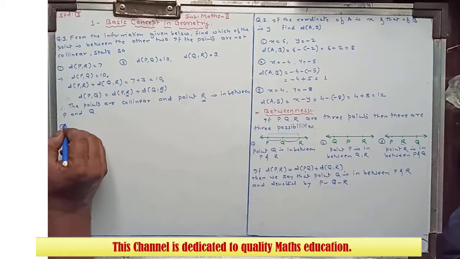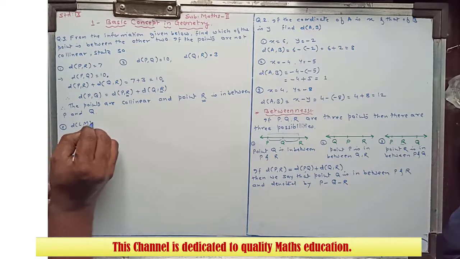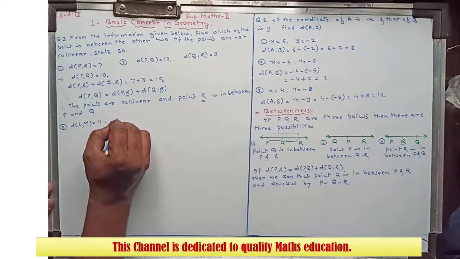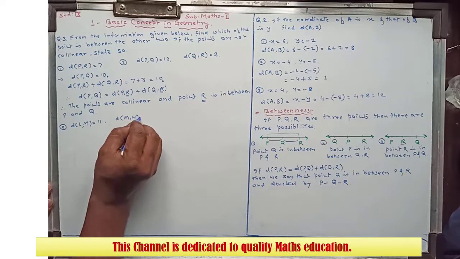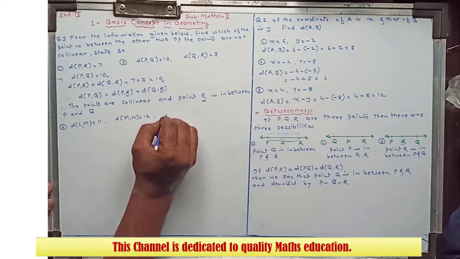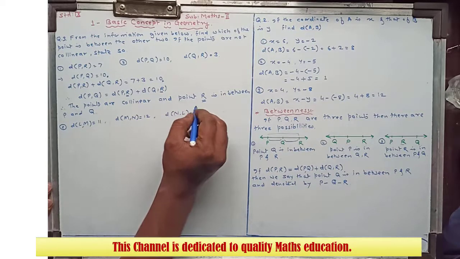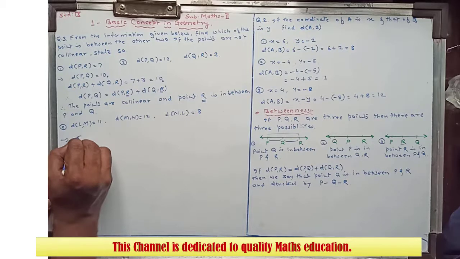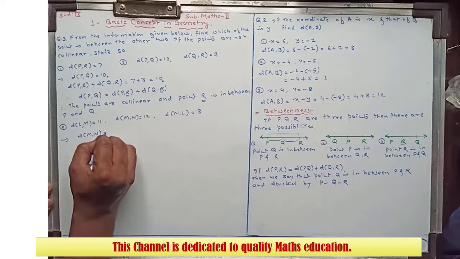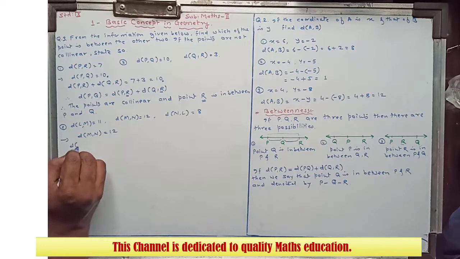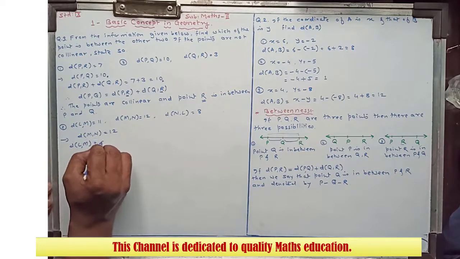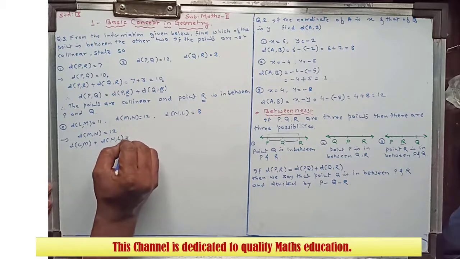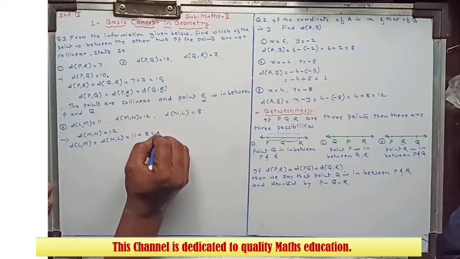Now the second example is distance LM is equal to 11, distance MN is equal to 12, and the third distance, distance NL, is equal to 8. So here the greater distance is distance MN, that is equal to 12. Now take the addition of the remaining two distances, distance LM plus distance NL, that is equal to 11 plus 8, that is equal to 19.